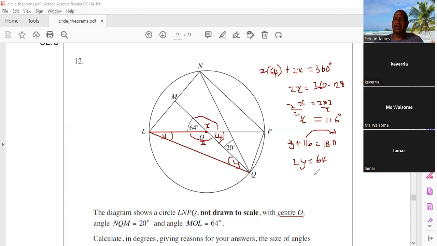So y is equal to 64 divided by 2, which is 32. Yes, sir. So that angle there would be 32. So that would be the angle here. So that's the first angle.